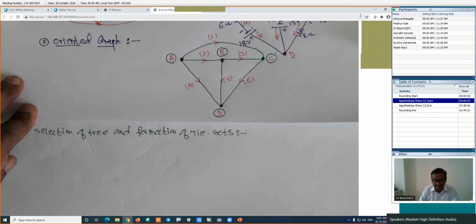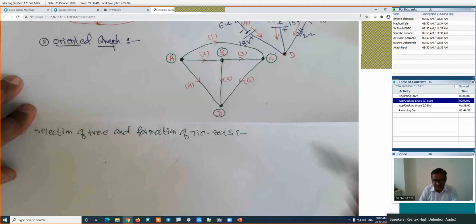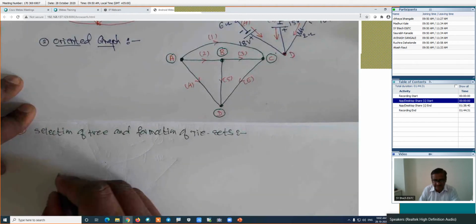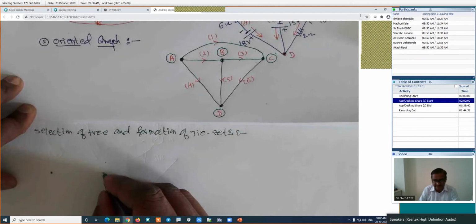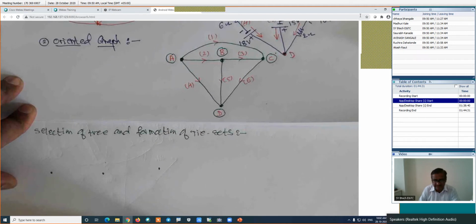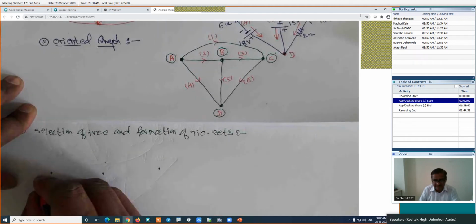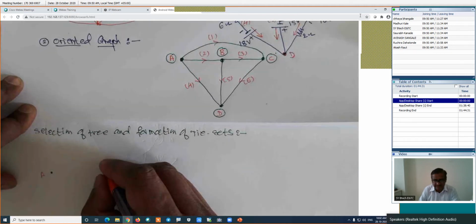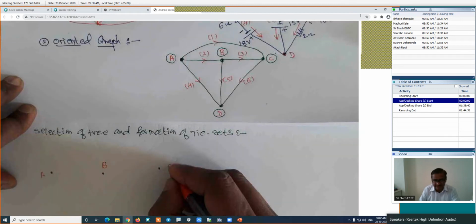Here we have A, B, C, D, 4 nodes. I will draw the nodes first. This is node A, this is node B, this is node C, and this is node D.